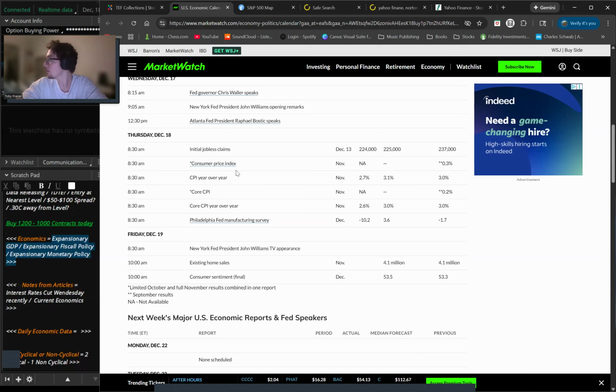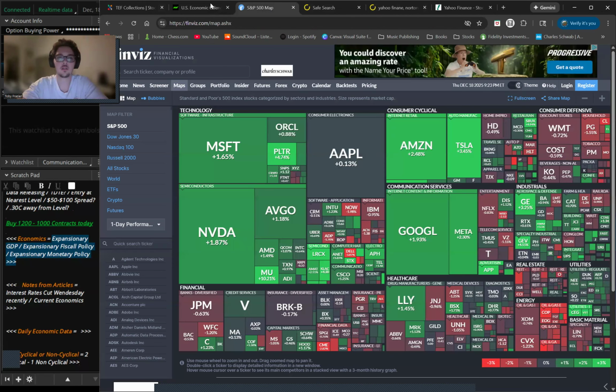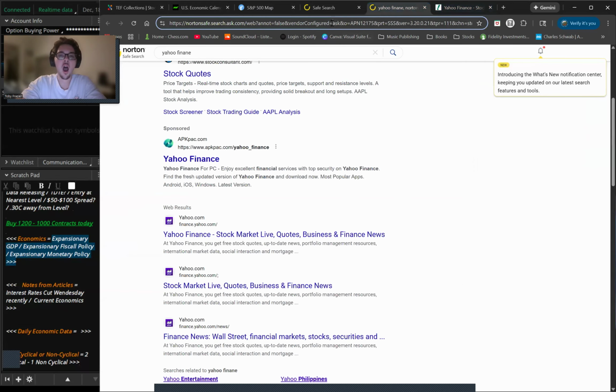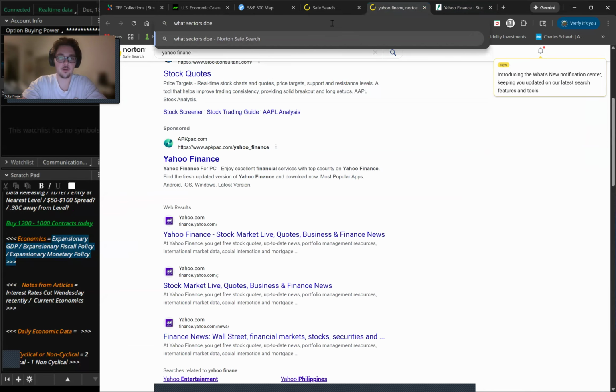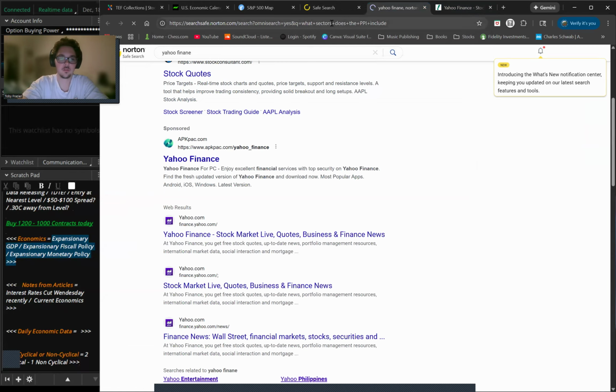And the PPI is an overall gauge of the inflation of the costs for businesses creating a product. Let me research up here, just to confirm it, what sectors does the PPI include?